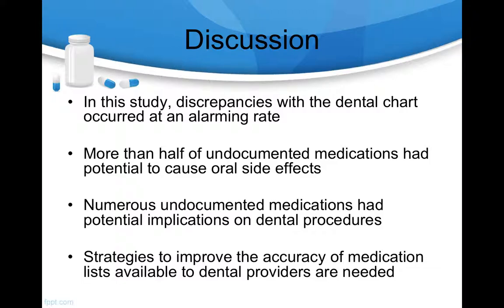The majority of medications that were not documented had a potential to cause either oral adverse effects or to impact the dental provider's plan of care. So we believe that this research really highlights the importance of improving the accuracy of medication lists available for dental providers.